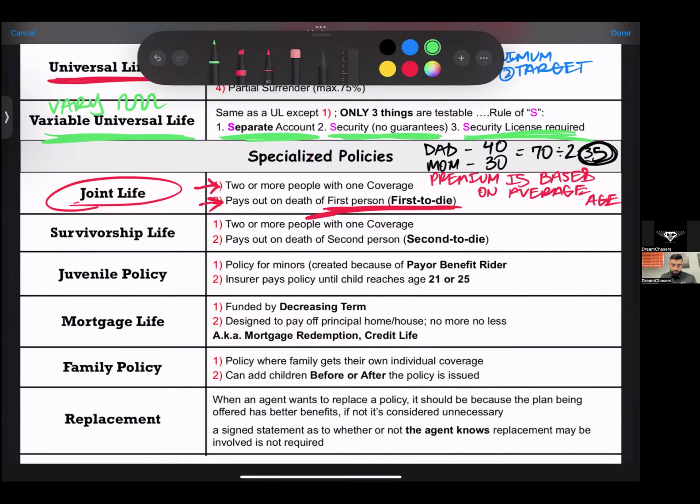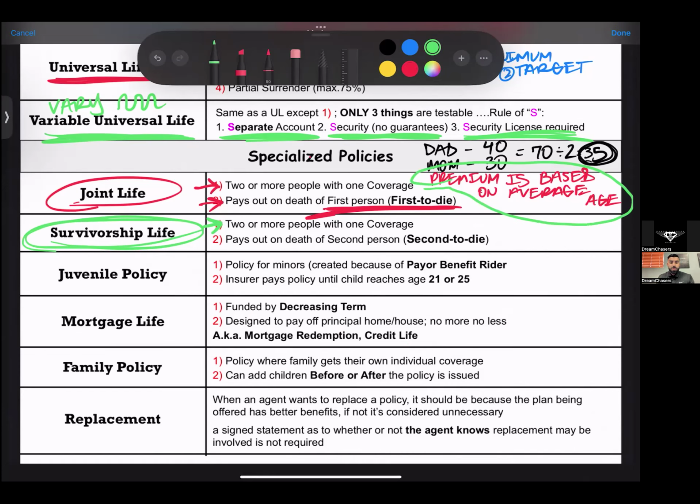The second type of specialized policy is what is known as survivorship life. Survivorship life is also based on two or more people being covered, and the premium is also based on the average age.